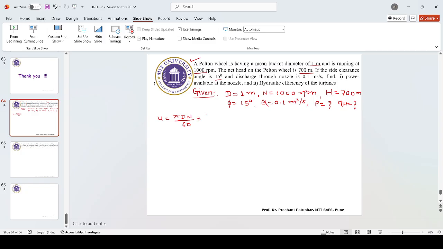Plugging in the diameter of 1 meter and 1000 rpm, divided by 60, we get u equal to 52.36 meter per second, the tangential velocity of the bucket.